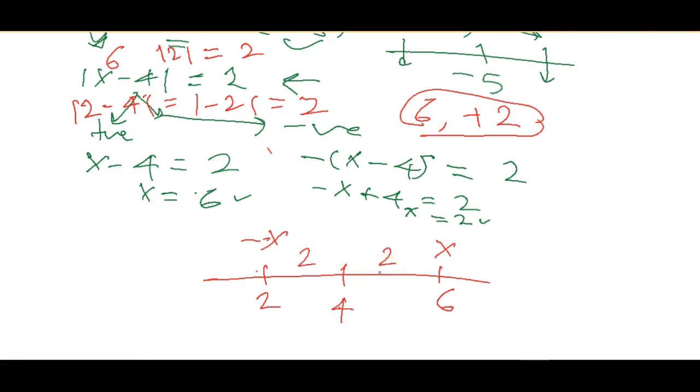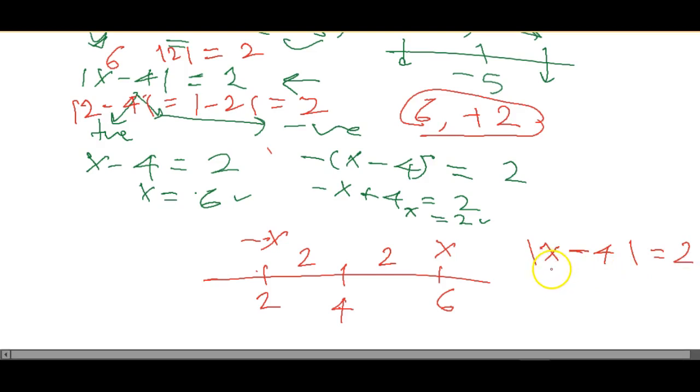So we are representing this whole set of conditions as mod of x minus 4 equal to 2. Basically, we are telling that any point x, the distance of this point x from point 4 is 2. So we have two values satisfying this equation, one is 6 and another is 2.